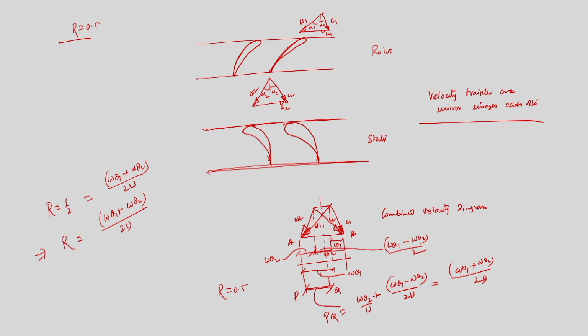Now I will take a special case, an example: r is equal to 0. What will be the special case? For r equal to 0, the ideal static pressure rise will be equal to 0, that is P1 will be equal to P2.